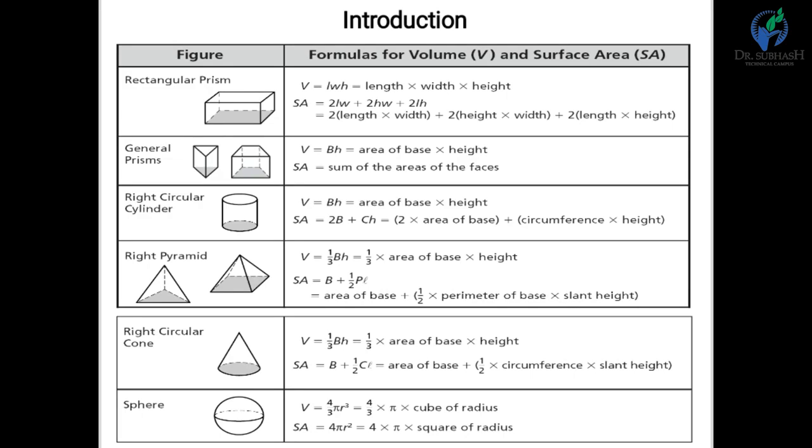V is equal to 1 by 3 B into H, that is 1/3 into area of base, where B represents the base area and H represents height. Next thing, right circular cone. Its volume is 1/3 into area of base into height. Next thing is a sphere. Our third 3-dimensional geometrical shape is the sphere. V is equal to 4/3 pi r cube.